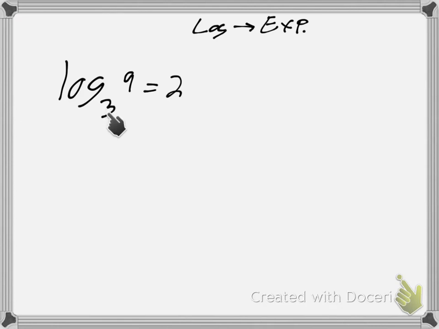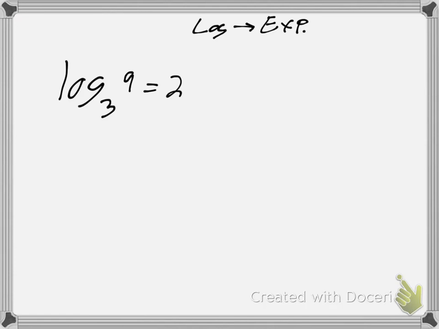Now, this little 3 down here is called what? The base. It's the base in your logarithm. Log base 3. Whenever you switch to exponential, this 3 is going to become your base. Except this time it's not going to be the base of your logarithm, it's going to be the base of your exponent.